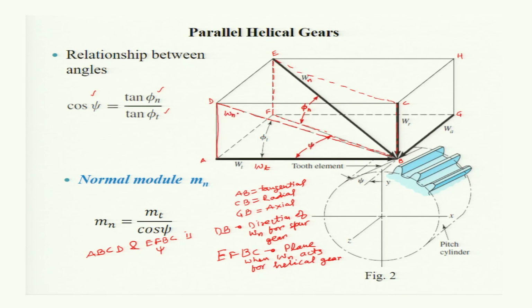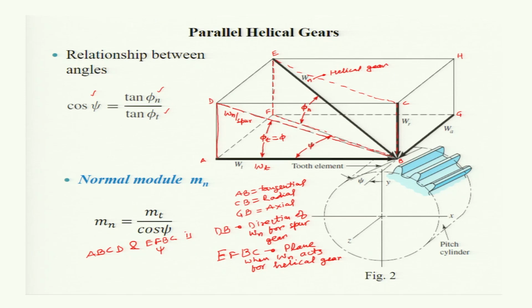This is Wn for helical gear. Okay. So the angle DBA will be the pressure angle phi for the case of spur gear and phi t for the case of helical gear. Both are the same, phi or phi t.